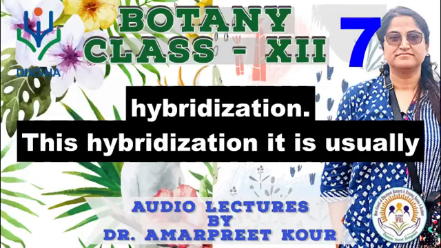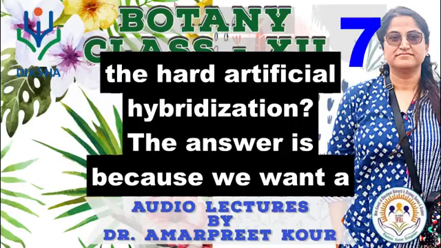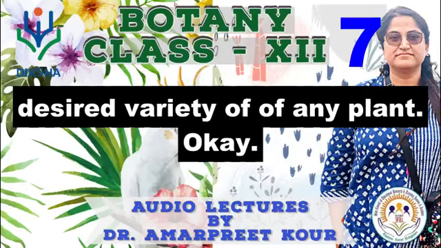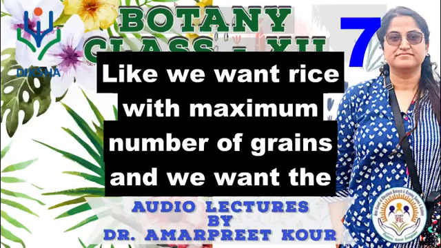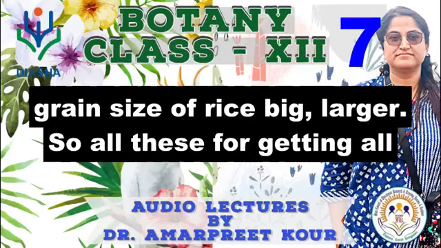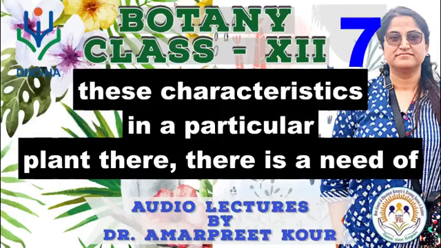This hybridization is usually performed by horticulturists. The first question is why we need artificial hybridization. The answer is because we want a desired variety of a plant. Like we want rice with the maximum number of grains, and we want the grain size of rice to be bigger. For getting all these characteristics in a particular plant, there is a need for artificial hybridization.